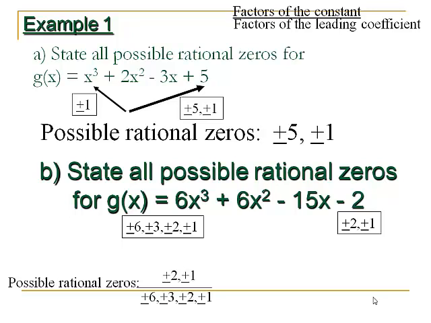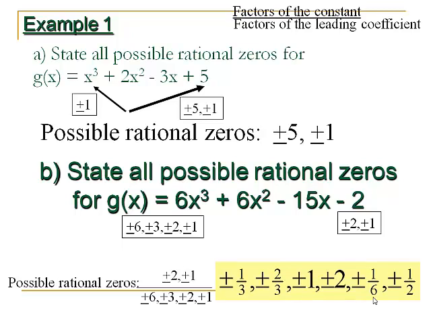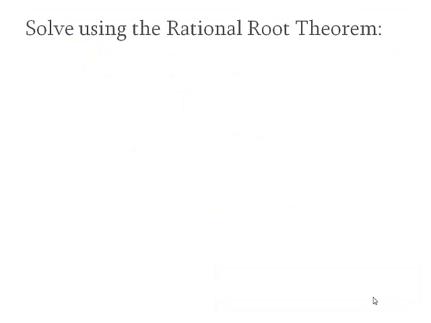And then you can make a list of the unique rational zeros that work. So the ones that work would be 2 divided by 6, which is 1/3, 1 divided by 6, you can see that on the list, 2 divided by 3, 1 divided by 3, 2 divided by 2, 1 divided by 2, 2 divided by 1, and 1 divided by 1. That's how you go about generating your list of possible rational zeros.